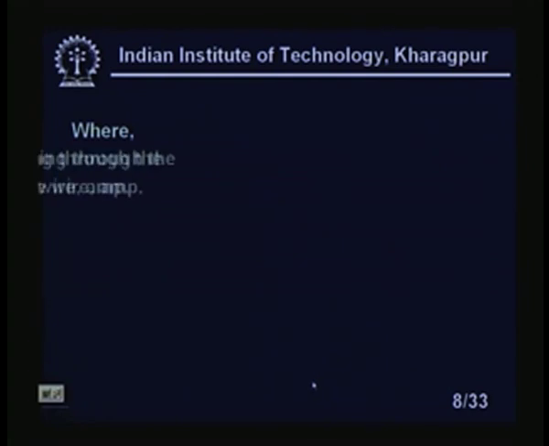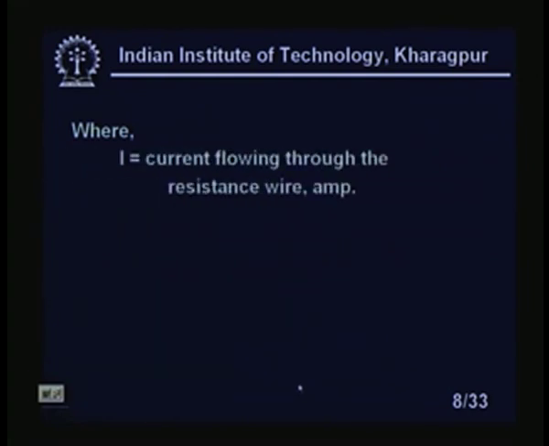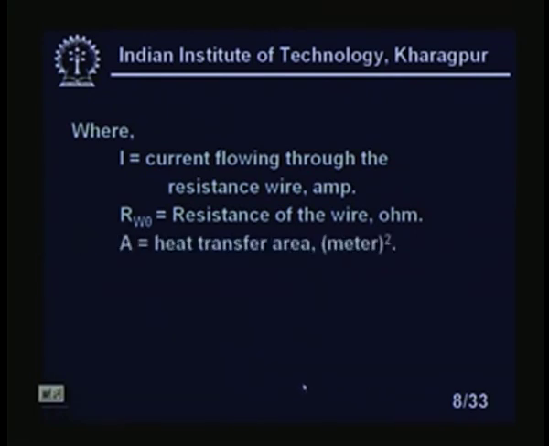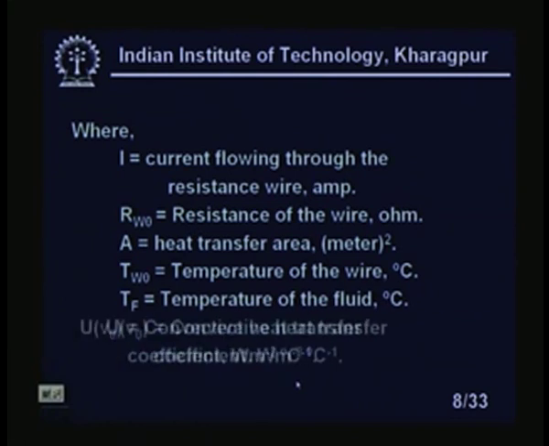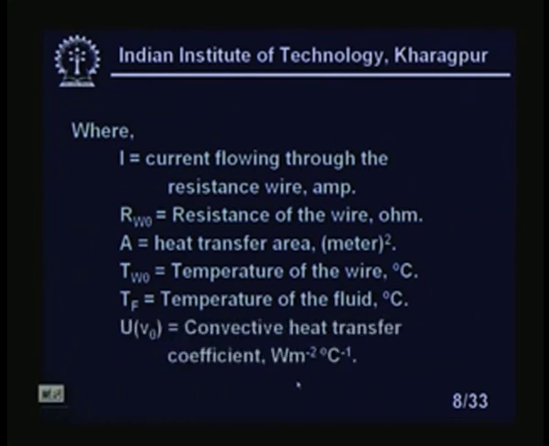Where the legends are: I is the current flowing through the resistance wire in ampere, RW0 is the resistance of the wire in ohm, A is the heat transfer area in meter square, TW0 is the temperature of the wire in degree centigrade, TF is the temperature of the fluid in degree centigrade, and U V0 is the convective heat transfer coefficient, which is in watt per meter square per degree centigrade.